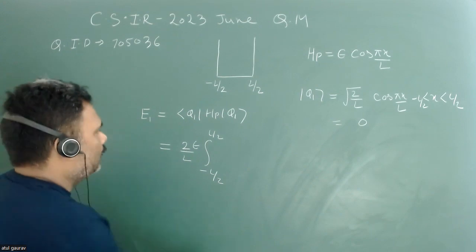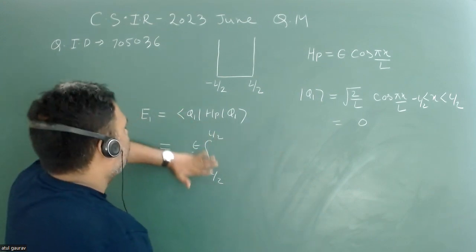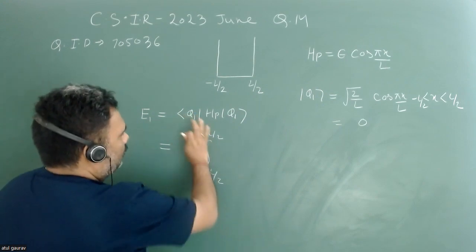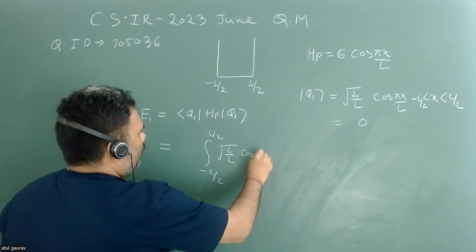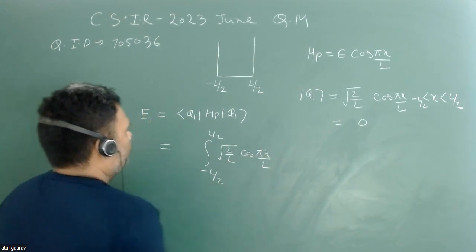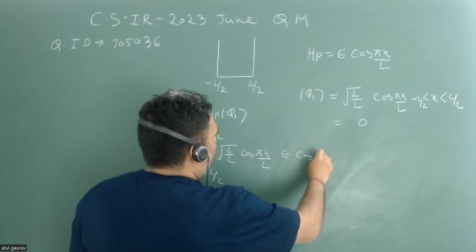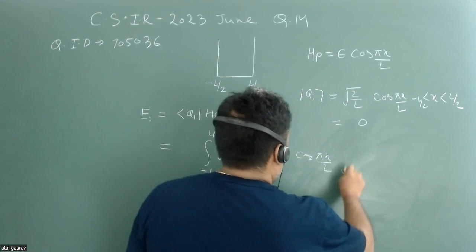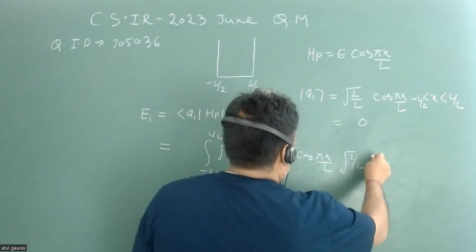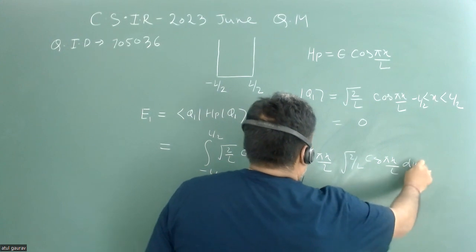So what is phi 1 star? The 2 by L is due to the normalization constant, so we have 2 by L cos(pi x by L). H' is equal to epsilon cos(pi x by L). And again phi 1 is root 2 by L cos(pi x by L) dx.